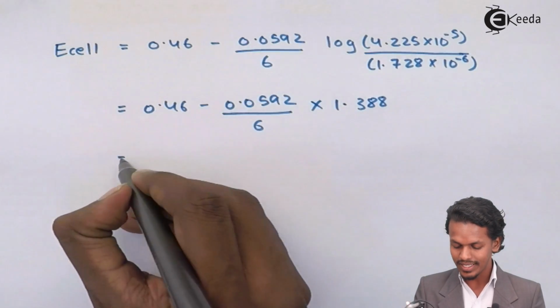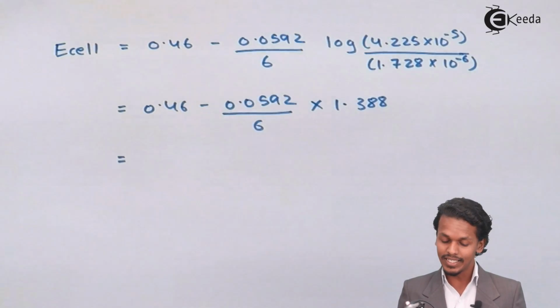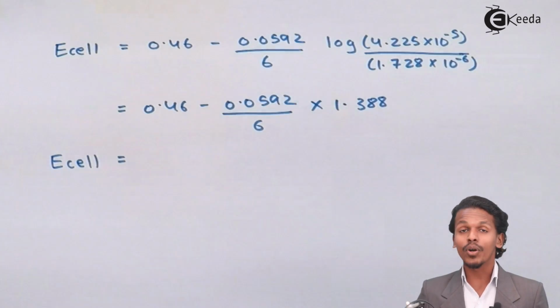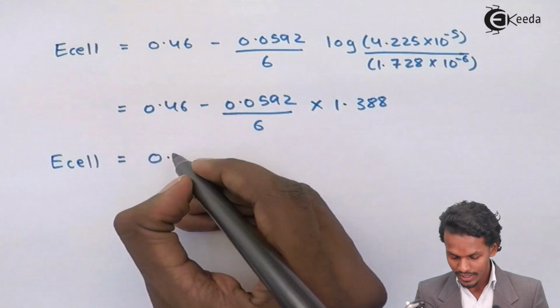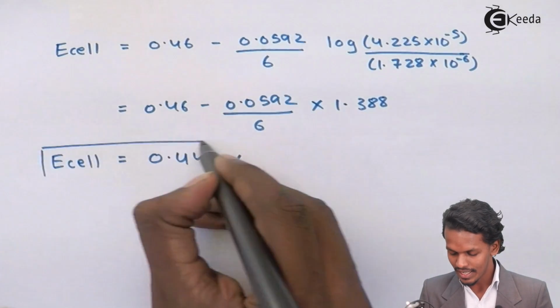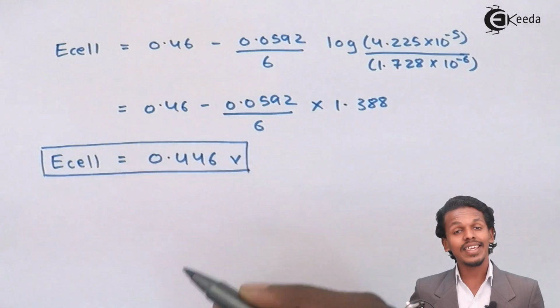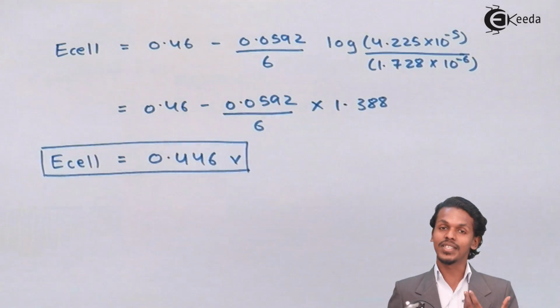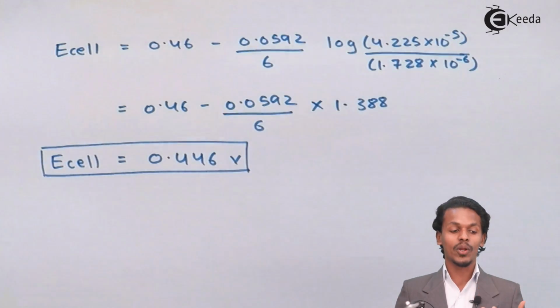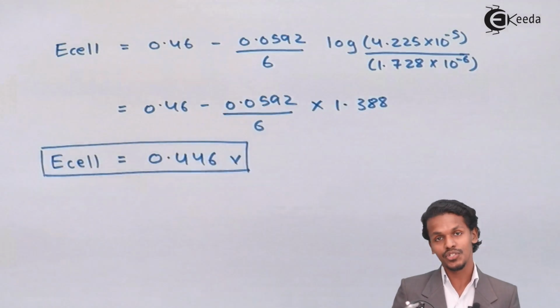So let us see the final answer that we have got for E cell. We have got the value as 0.446 volt. This is the value of E cell that we have calculated by using this formula. But this is not the end. We have to calculate the value of delta G also.